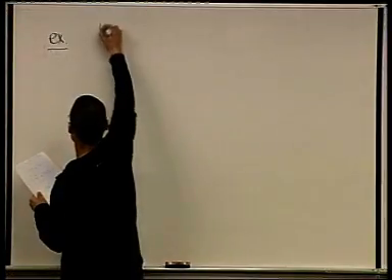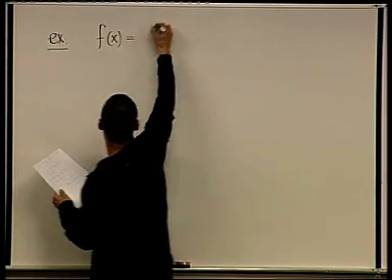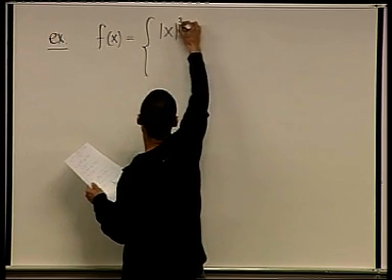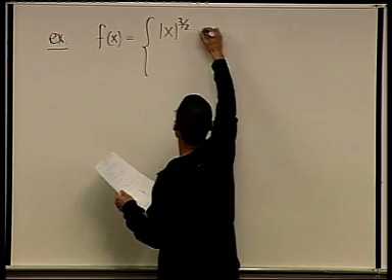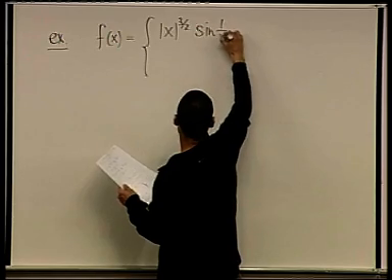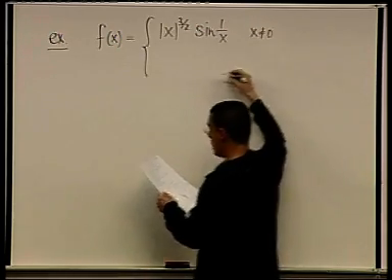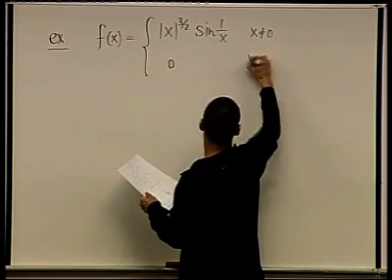look at the function f of x equals absolute value of x to the power 3 over 2 times sine of 1 over x. So this is defined whenever x is not 0, and at 0, just define it to be 0.